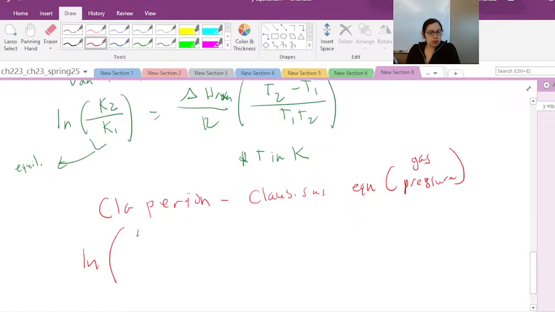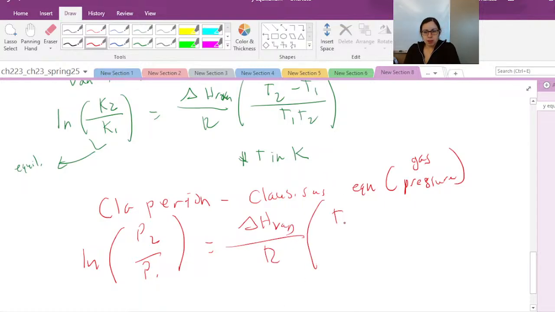Now it's just P2 over P1 is equal to delta H vaporization over R times T2 minus T1 over T1 times T2. All right, so those are good equations. Let's do some practice.